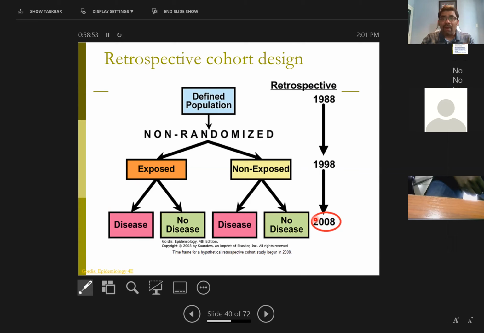We walk in now, we contact those people on whom data were collected in the gold mine, say 10 years ago. We check them now to see how many of them have developed, say, lung cancer or tuberculosis, and then we analyze the data, right? We didn't start the study 10 years ago, and we didn't stick with that cohort. We just walked in now, but the exposure is already available for us from the past. That's called a retrospective cohort study.